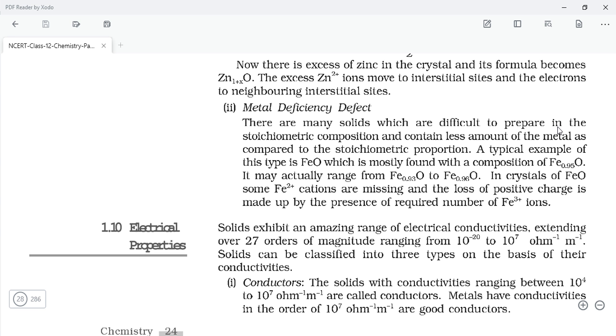It may actually range from Fe0.93O to Fe0.96O. In crystals of FeO, some Fe2+ cations are missing, and the loss of positive charge is made up by the presence of the required number of Fe3+ ions.